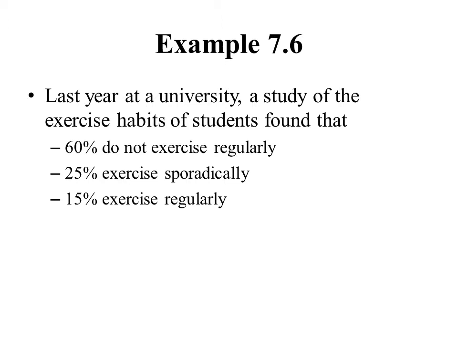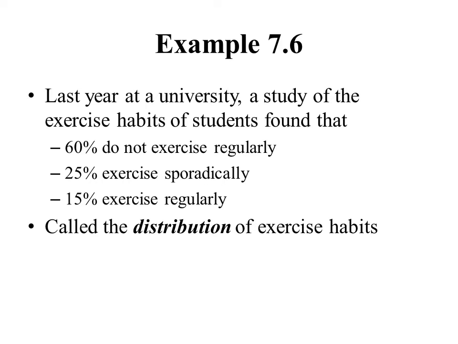Last year at a university, a study of the exercise habits of students found that 60% do not exercise regularly, 25% exercise sporadically, and 15% exercise regularly. So what happened here is some researchers went out and maybe they interviewed every single student on this campus and found these different percentages of exercise habits.